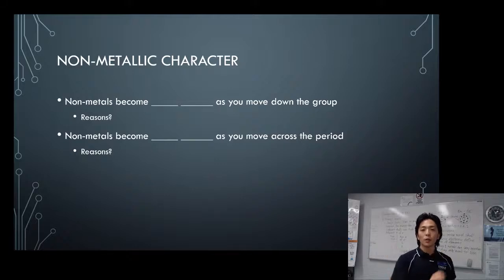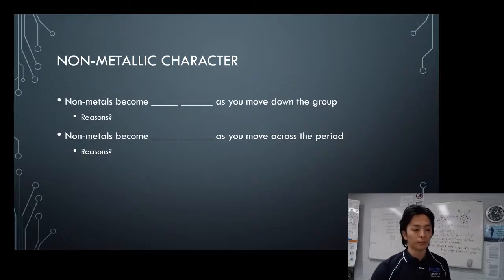If the number of protons is increasing, there should be more and more pull towards the electron. So as you move across from left to right, carbon to fluorine, the reactivity should increase because there are more protons, which can pull electrons more strongly. Okay, so that's the reason.